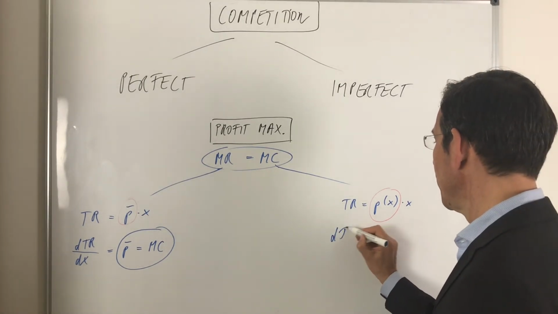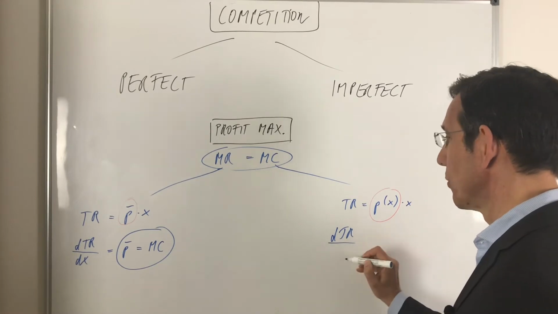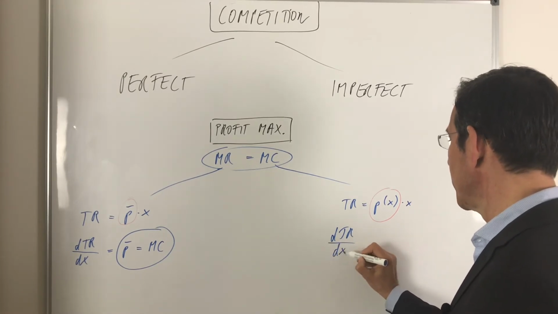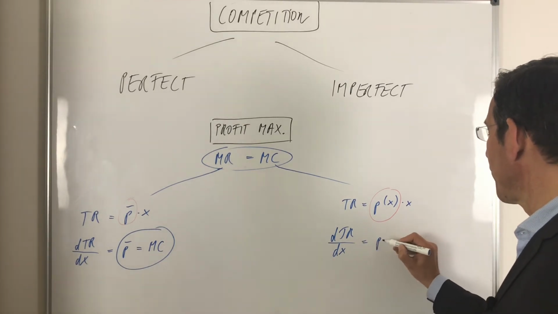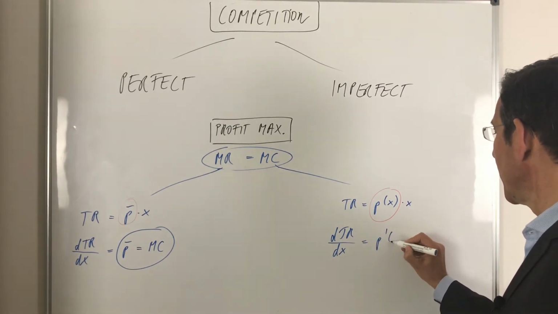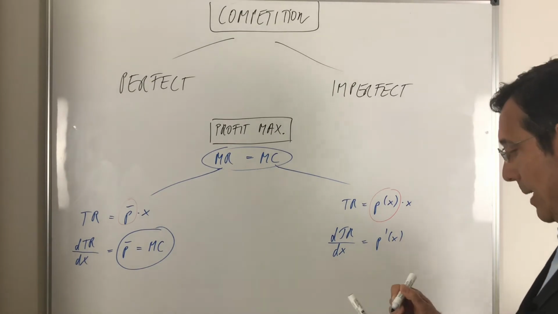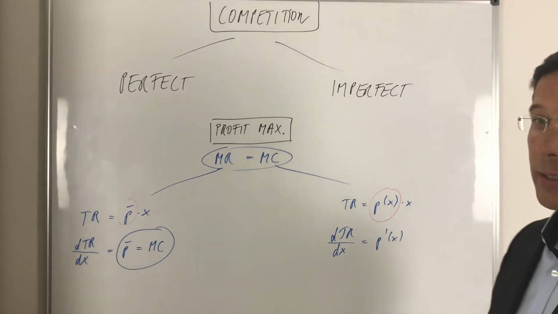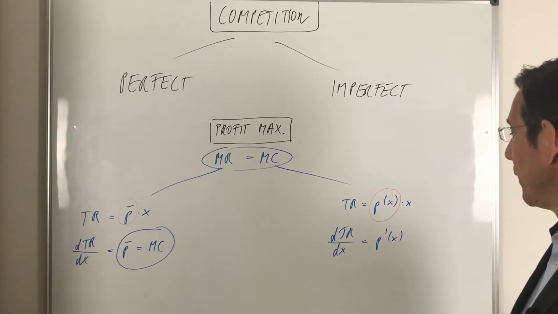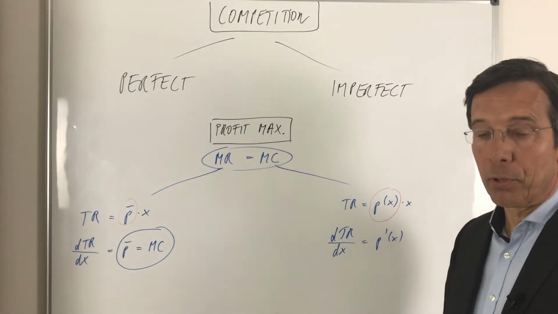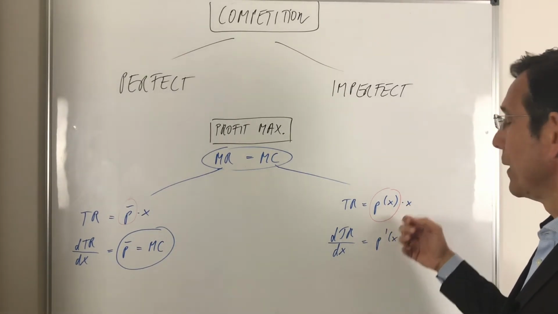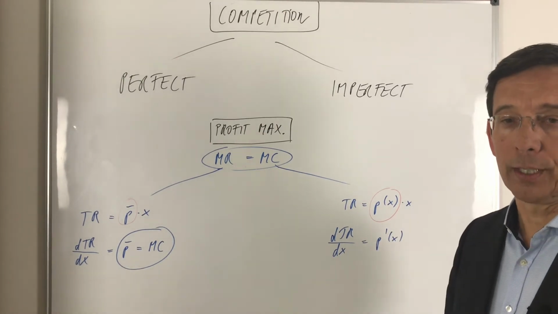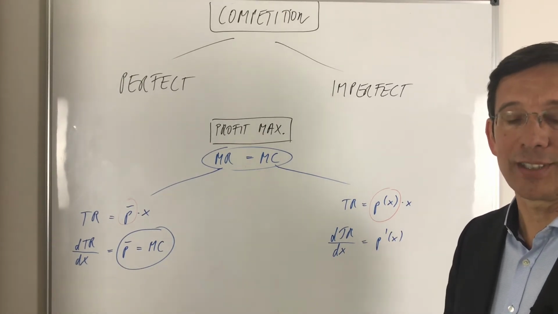So if we derive total revenue with respect to X, then we have P prime X as a result. So we have to derive the price function, which is a function of quantity. And this changes the world.